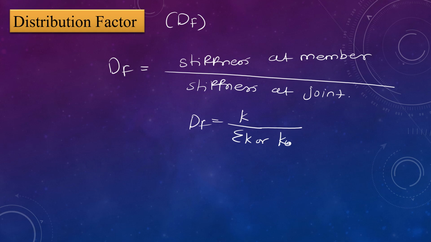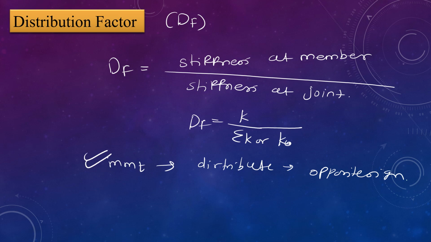In case of stiffness, the moment is always distributed with the opposite sign. This is the important point. This is how you can calculate the distribution factor.